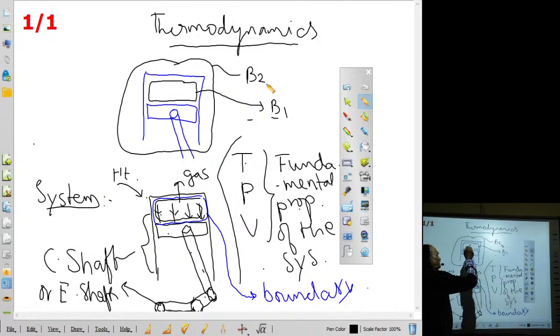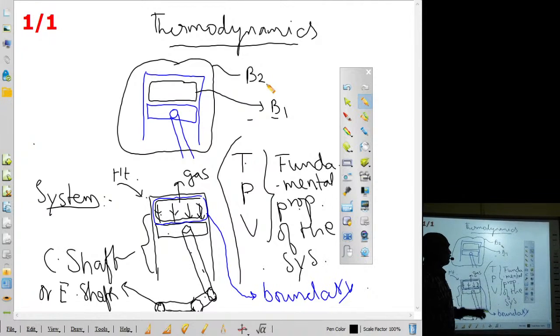So according to the definition, the gas is a system. Outside this boundary B1, we have got a cylinder. But just being outside the boundary is not enough. I have told you that in every definition 2 points are important. Without that, the definition is not complete, or you can also say that the definition is wrong.